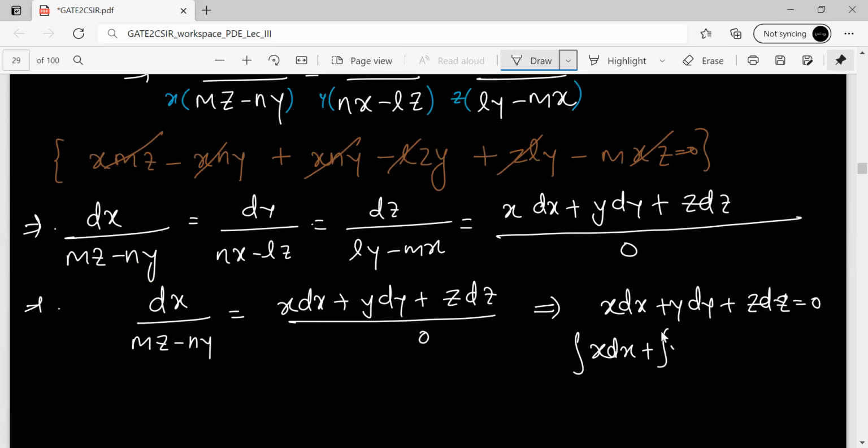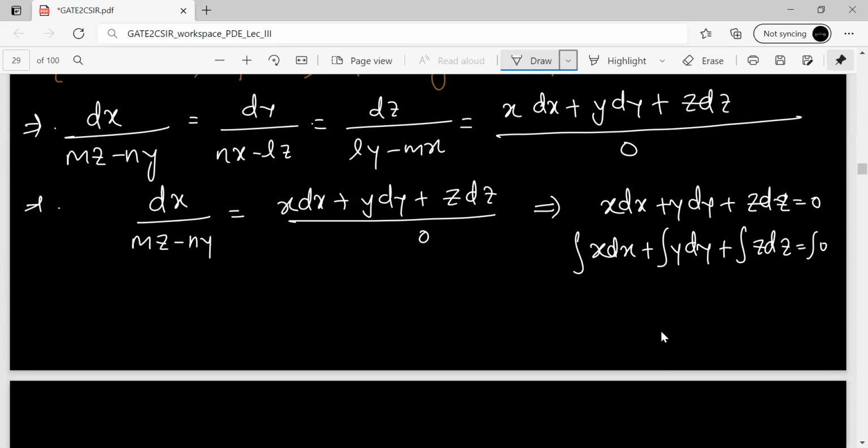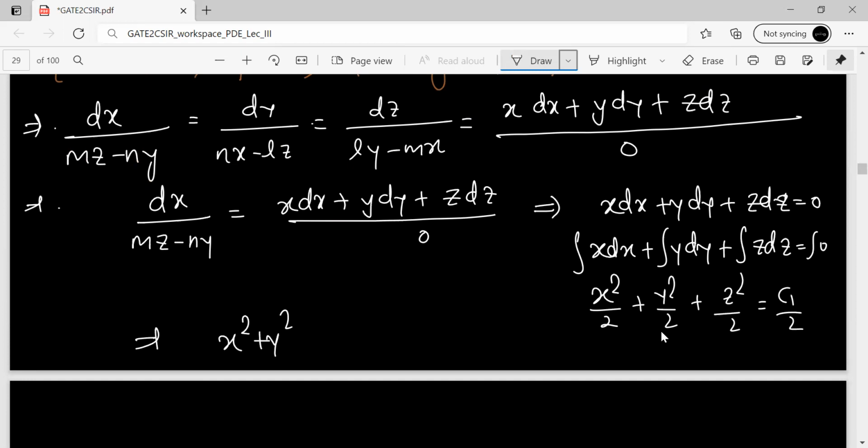The x is with dx, so we don't have to worry about that term, and integration of 0 is directly a constant. So you get x square over 2 plus y square over 2 plus z square over 2 equal to c1 over 2. So from here you get x square plus y square plus z square equal to c1. I got one.